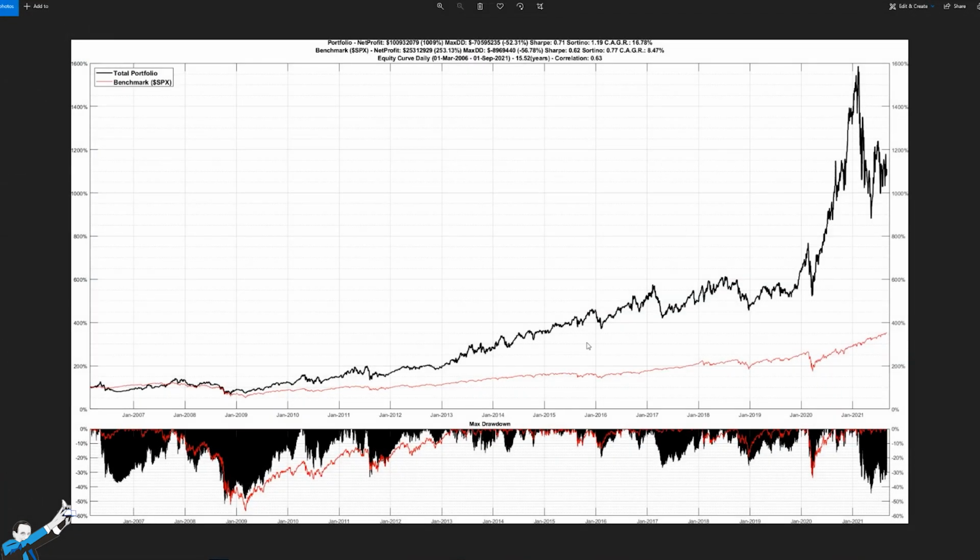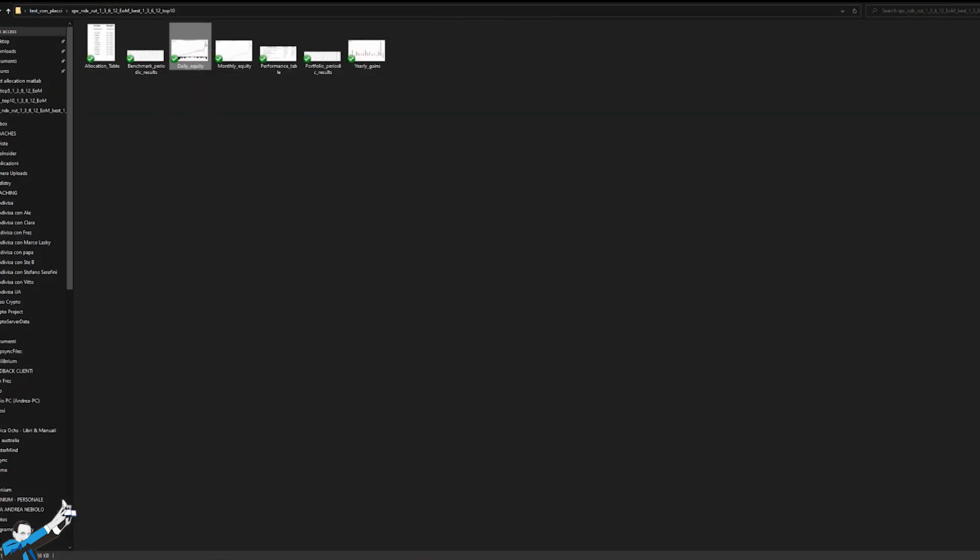As you can see, the shape of the equity is not bad at all, but in the very last part I'm seeing something not so exceptional. We can clearly see that the drawdown is similar to the previous one, but the compounded annual growth rate is significantly lower compared to what we would get just considering the Nasdaq.